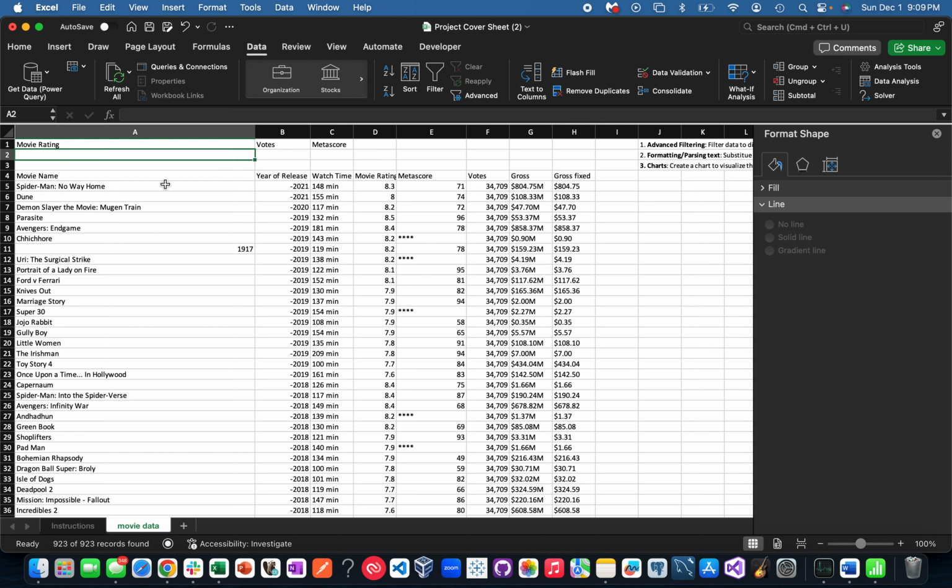So we can put our credentials in here. We're going to do over 8.8 and over 20,000 votes. And our Metascore is also over 88.